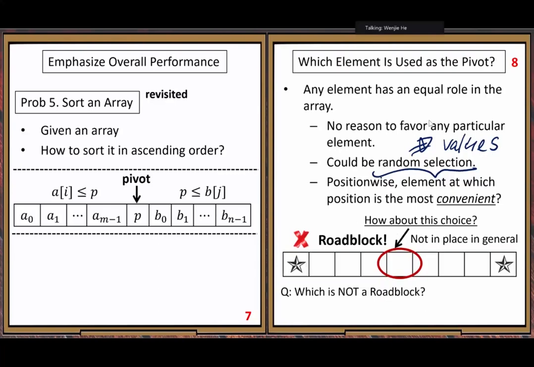And when we put the pivot element in one of the two end locations, we don't worry about the value of it.